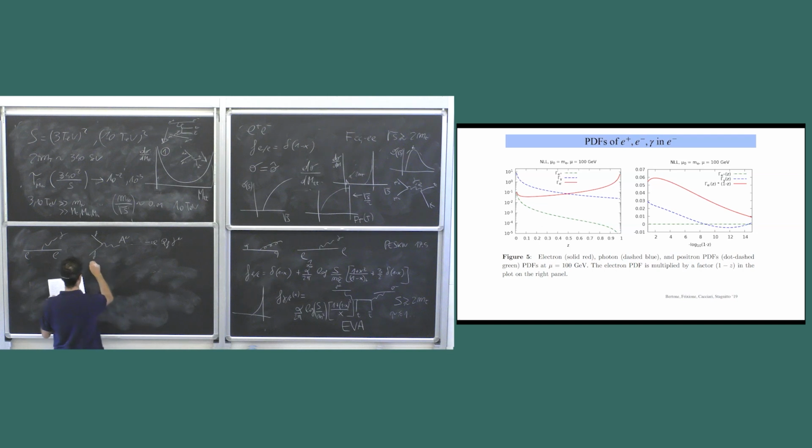But then you can have i g cos theta W gamma mu g_V, with g_V equal 1.